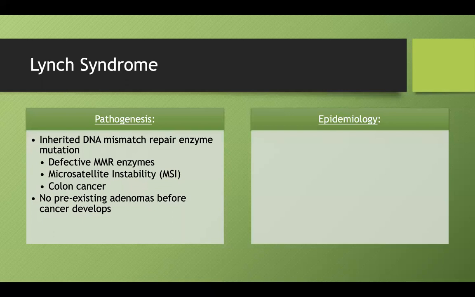Again, I keep wanting to reiterate, you do not get that adenoma first. The colon cancer just pops up. Sometimes you'll hear this referred to as HNPCC, or hereditary non-polyposis colon cancer, again emphasizing that there are no polyps in Lynch syndrome.